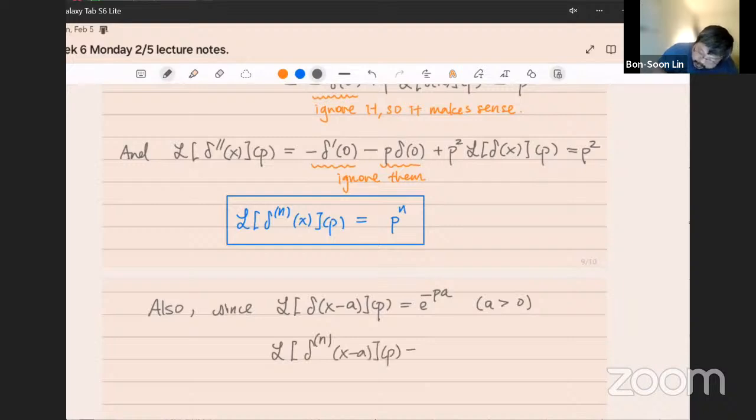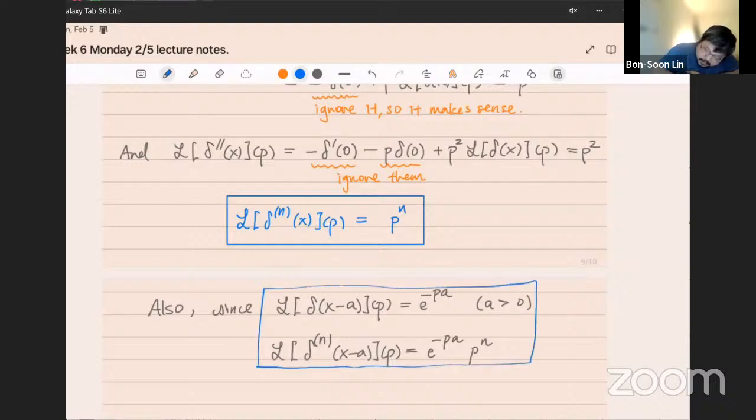You can do this one by one. If you work it out, you will get e to the minus pa times p to the n. So I will just put this in a box.